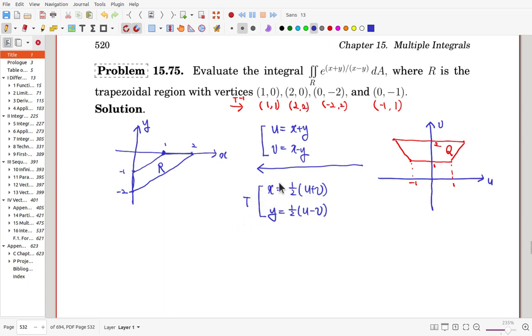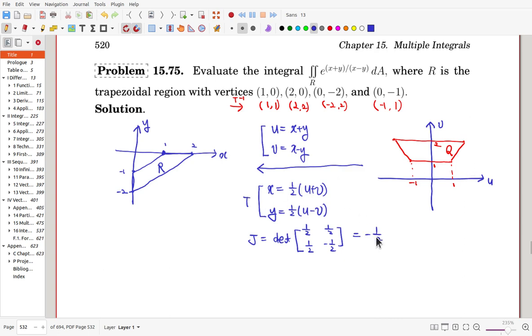Now we'll get the scaling factor. The Jacobian is the determinant of: for x, u derivative half and v derivative again half; for y, u derivative half and v derivative minus half. From this, minus quarter minus quarter, so it must be minus half.